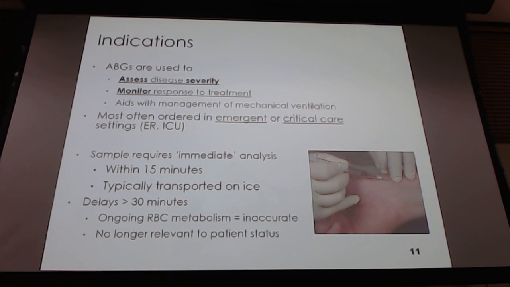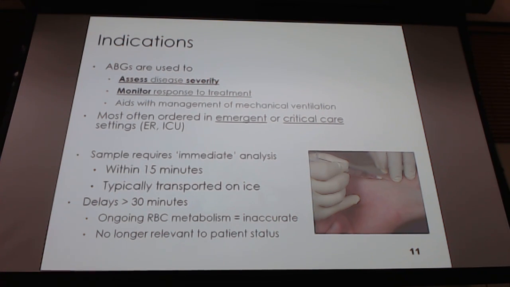So someone comes in, they're obtunded, we think it's a heroin overdose, we give them the Narcan, they have not regained consciousness per se, but we want to know if it's made a difference, whether or not they're breathing more. So again, not to make a diagnosis, but you'll order these a lot in the trauma to assess severity, see how aggressive you need to be, and then see if what you did made a change.